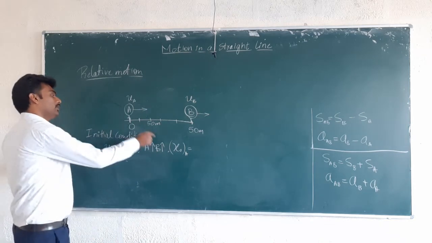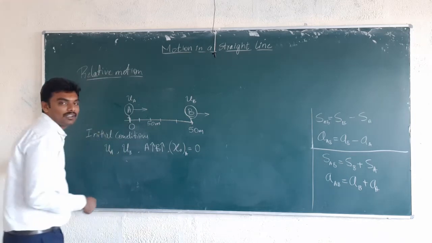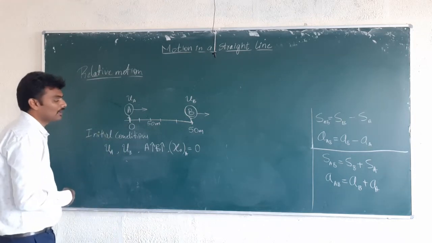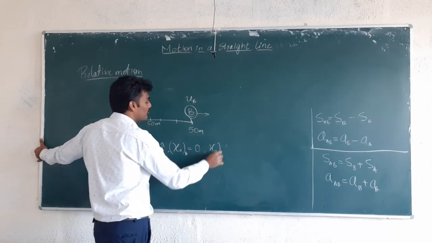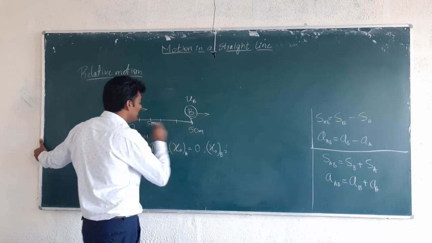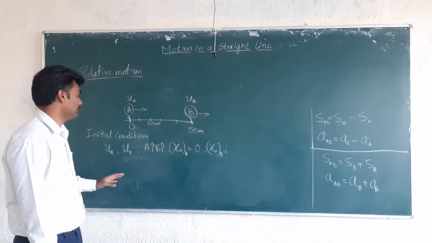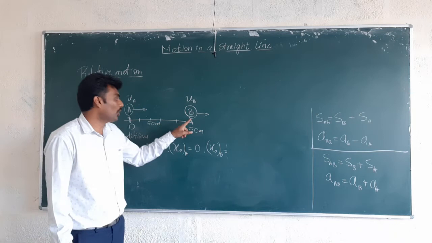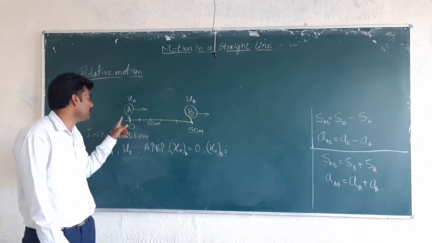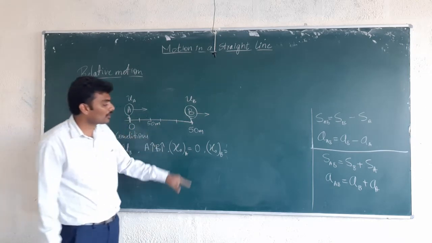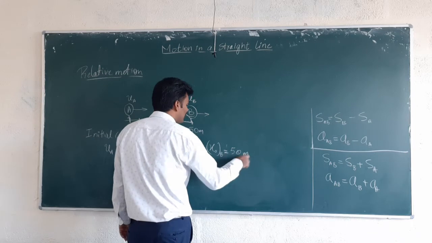So x naught of A is 0 because it has not moved any distance till now, right? And x naught of body B is already 50 meter ahead of body A, isn't it? Body B is already 50 meter ahead of body A. So x naught of B is important, which is 50 meter, given.